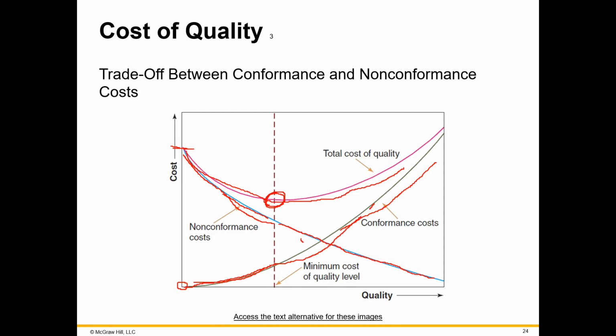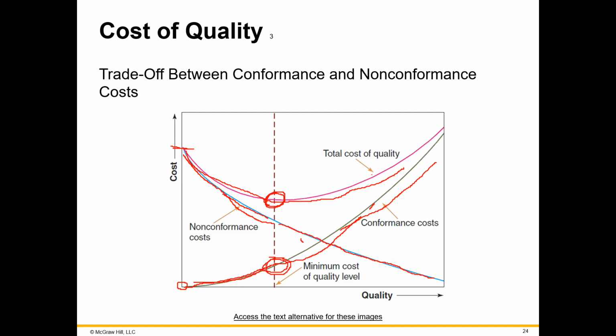Now, what if you have another company that they're not trying to position themselves as making premier products? Well, that company is probably going to want to aim for conformance costs at this point, where they do just enough conformance cost to bring their total cost of quality to the lowest point.